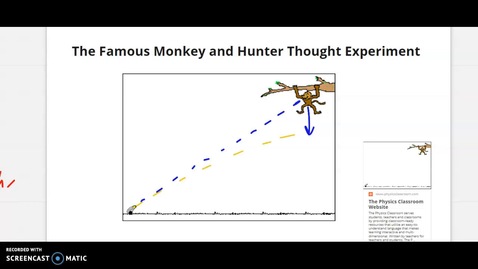And since gravity affects everything the same, in the amount of time t that it takes for the banana to get over there, the banana is going to fall that far. Well, guess what? Gravity affects monkeys the same amount as it affects bananas, and so they're both going to have fallen the same distance. And so the monkey is going to get hit by the banana.